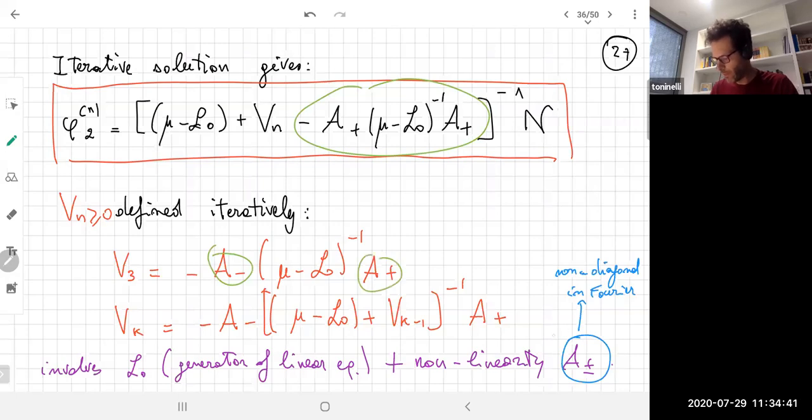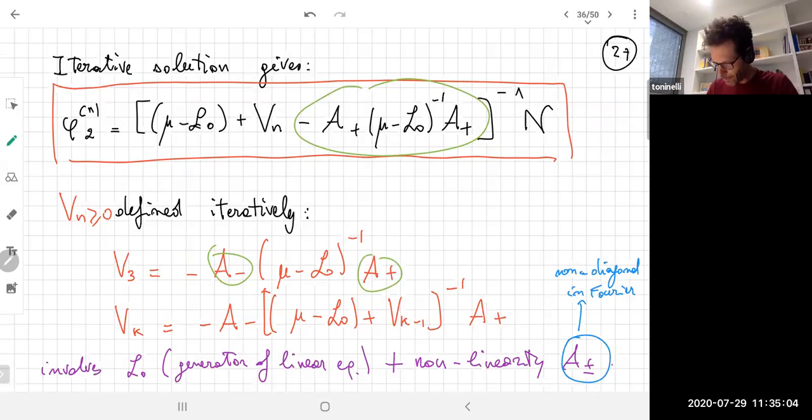So this is what makes it complicated. If it just involved L0, we would be done. They would preserve the order of the chaos, and they would be diagonal in Fourier space. But because of this a plus and a minus, these operators mix up both the order of the chaos and the momenta. So they are still complicated objects.